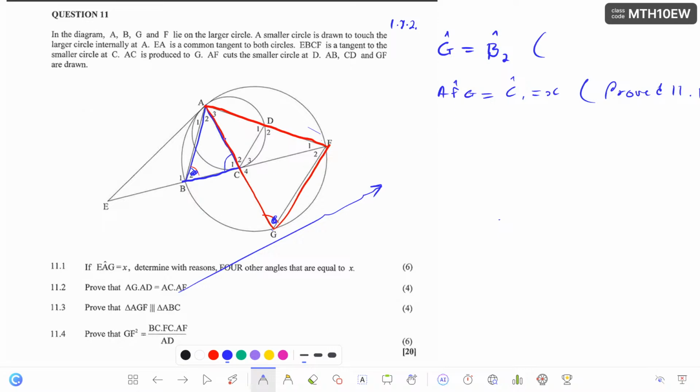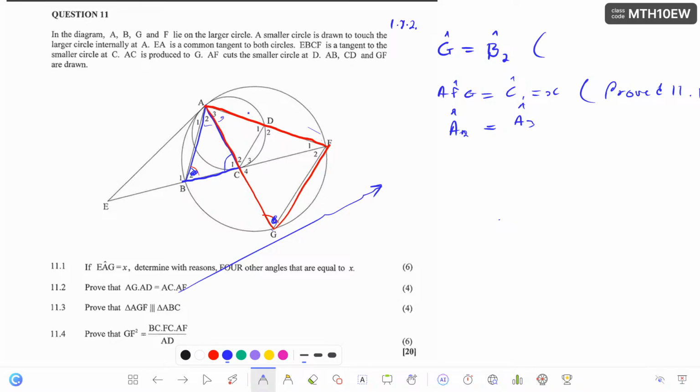So another thing, now the last angle, you can just simply use the sum of the angles in a triangle. So we can say, no, it's not C, man. It's A2. Angle A2 is equal to angle A3.